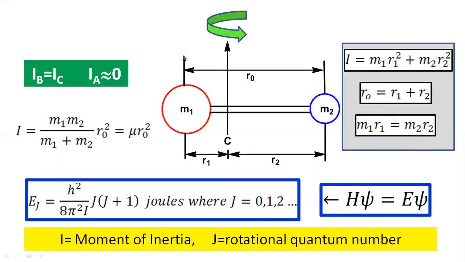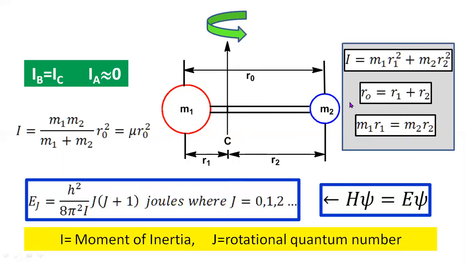Now, if I want to determine the moment of inertia for this molecule rotating along this direction, what do I have to do? Since there are two atoms, I have to multiply the mass of each atom by the square of its perpendicular distance from the rotation axis, so m1 R1 squared and m2 R2 squared, and sum them.